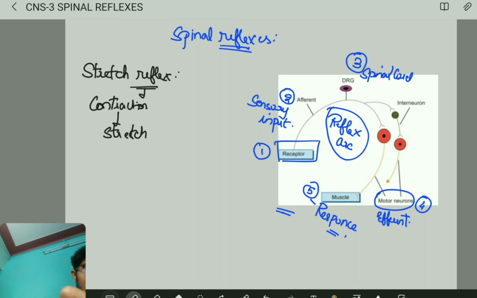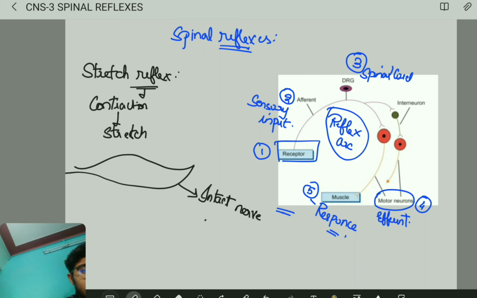When a skeletal muscle is having the intact nerve supply. Intact nerves. Can you understand? The reflex contraction of the muscle to stretch, that is the skeletal muscle with the intact nerve supply, we call this stretch reflex.